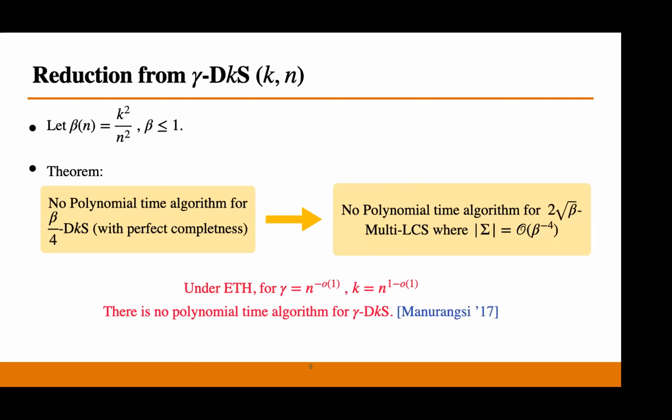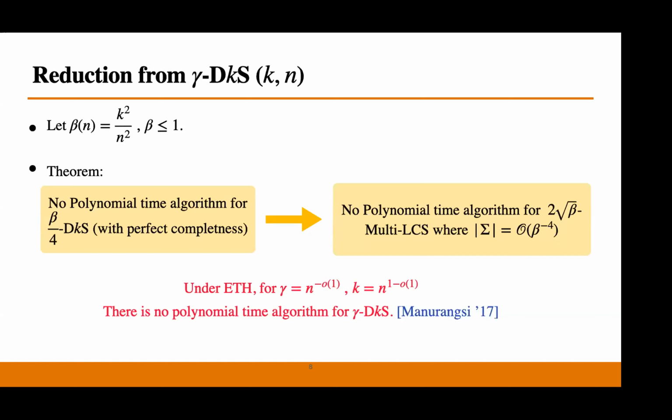Now I will state the main theorem of our paper. It says that if there is no polynomial time algorithm for beta by 4 densest k-subgraph, then there is no polynomial time algorithm for multi-LCS where the alphabet size is order of beta to some constant.